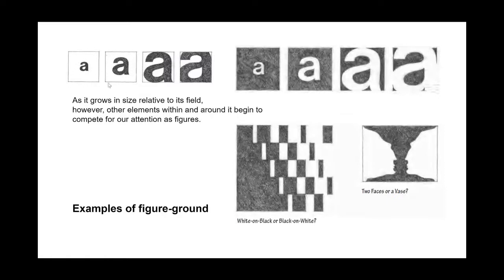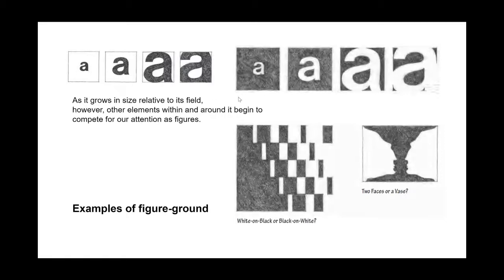Same as it increases in size, it will compete with the surrounding elements. As it enlarges, it grows in size. As you can see here, the A is the form that's taking up the rest of the space.